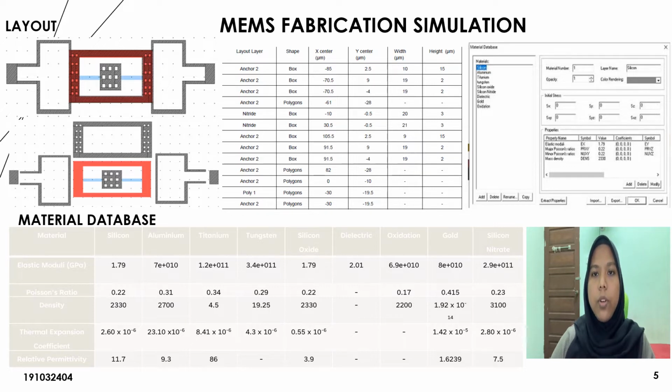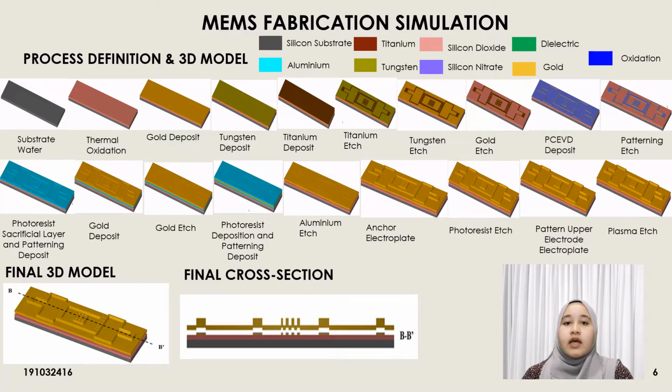The values for elastic modulus, Poisson ratio, density, thermal expansion coefficient, and relative permittivity for the 9 materials are shown in the table. In our MEMS fabrication simulation, there are 19 steps of process. We use 9 types of material, which include silicon, aluminium, titanium, tungsten, silicon dioxide, silicon nitride, dielectric, gold, and oxidation.